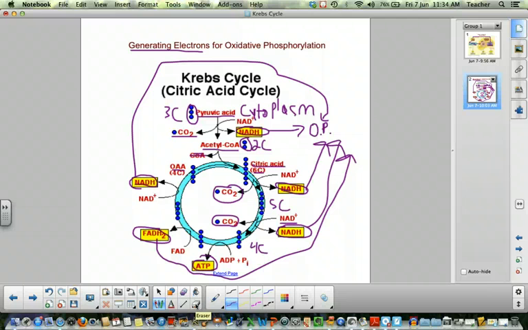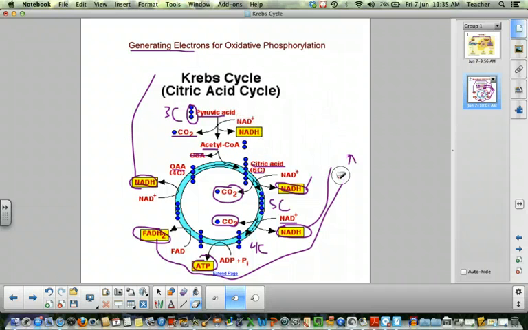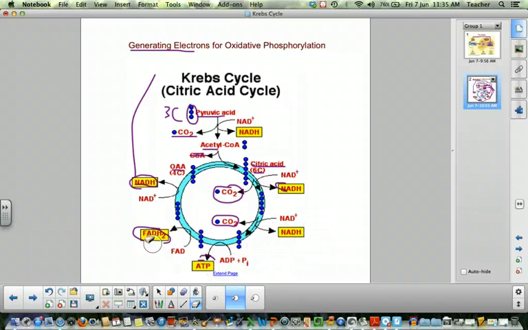Now let's talk about the whole thing. The sum, let's get the total for the Krebs cycle here, okay? Just erase this stuff for a second here. All right, so reactants. Remember, everything going in is a reactant.